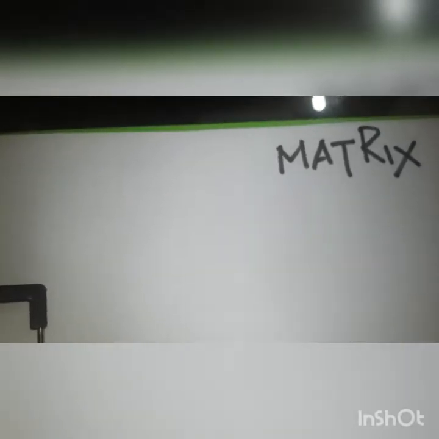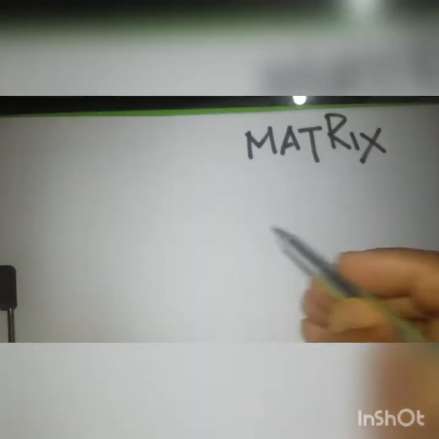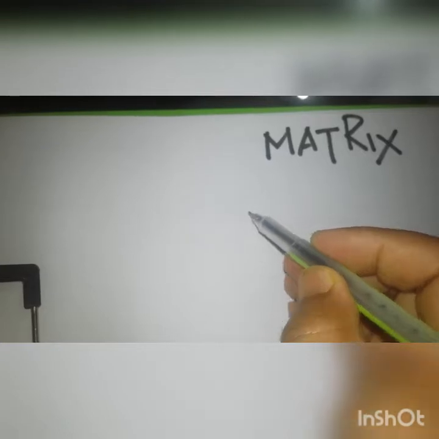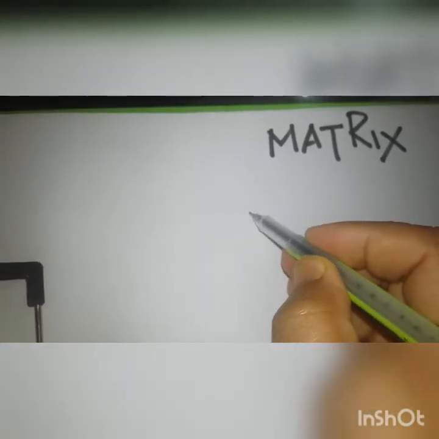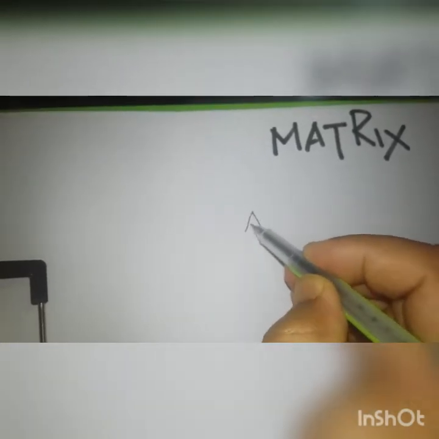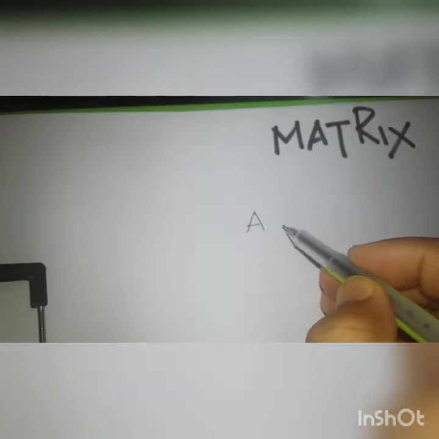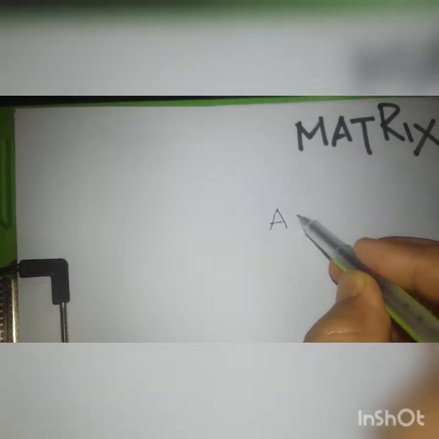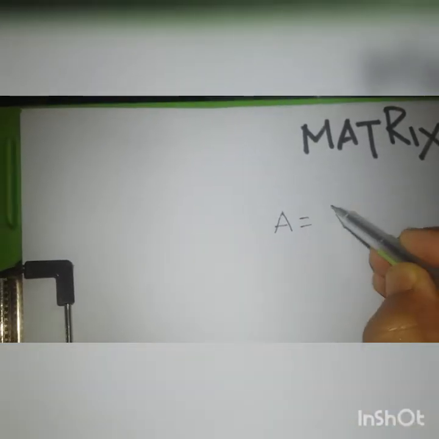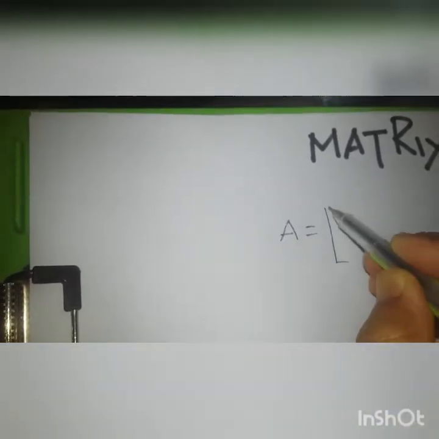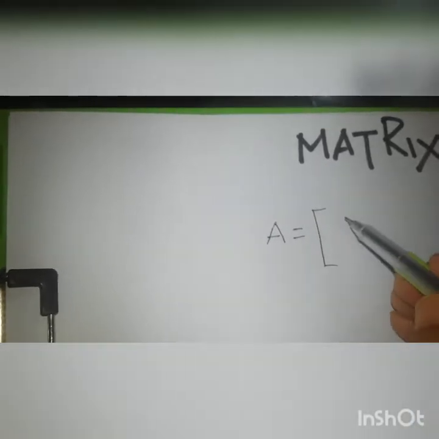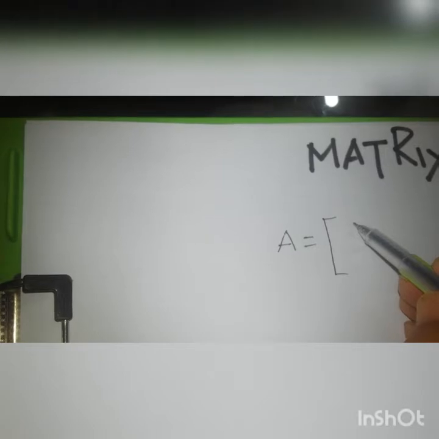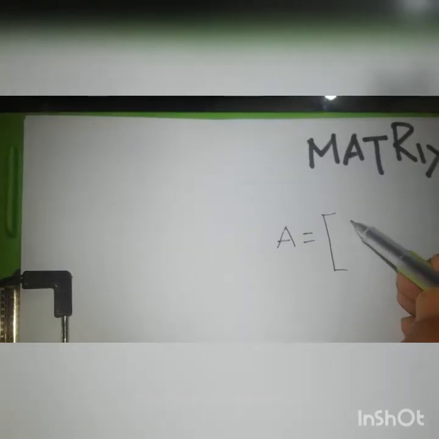That means I can show it on the paper. Suppose you can express a matrix by capital A, capital B, capital C, etc. So a matrix is a mathematical form in which you can arrange some numbers horizontally and vertically.